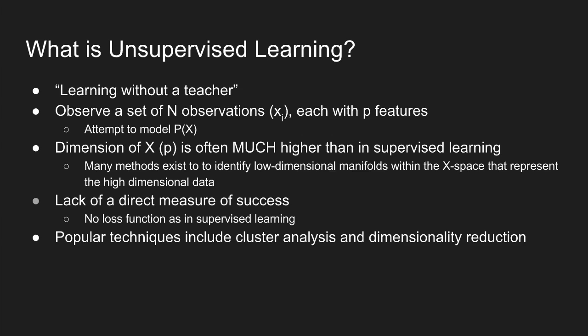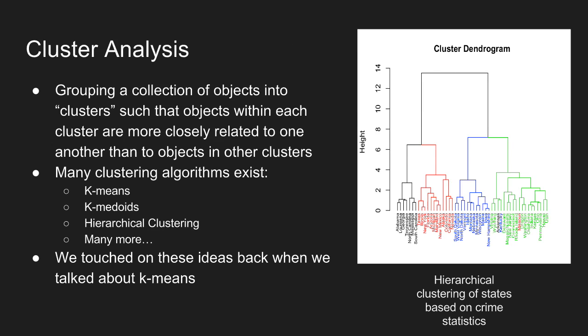There are two popular techniques in unsupervised learning, cluster analysis and dimensionality reduction. You have all seen cluster analysis when we talked about k-means. I'll briefly talk about a couple other clustering algorithms, and then the bulk of today will focus on dimensionality reduction. So cluster analysis. You have seen this before.